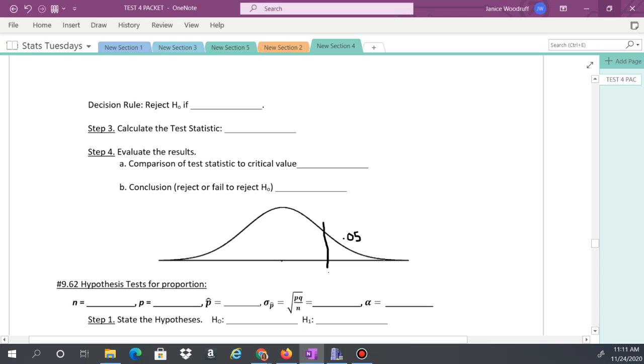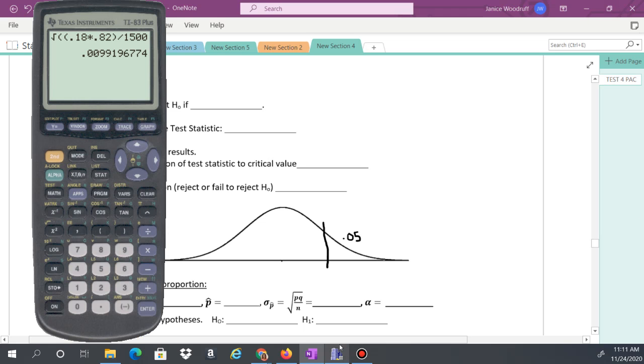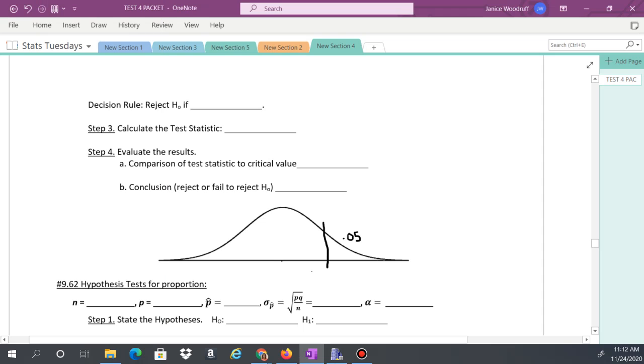We need the z-value right here. So we want the area to the left, which would be 1 minus 0.05, so 0.95. So inverse norm, 0.95, 0, and 1. That gives us a critical value of 1.6. It's really 1.65, but 1.6449.